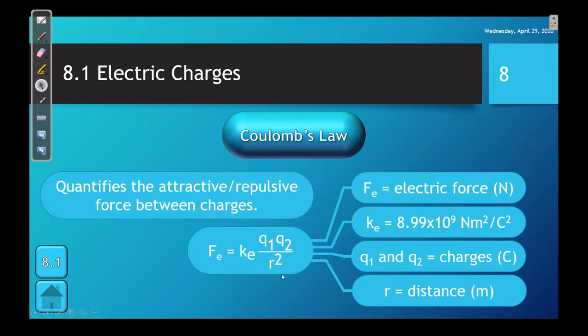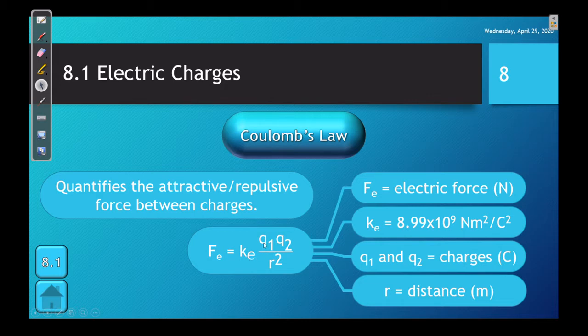Coulomb's law is an equation that quantifies the attractive and repulsive forces between charges. If this law looks pretty familiar, it's because it's very similar to Newton's law of universal gravitation, which we talked about way back in Unit 4. Okay, but so instead of calculating gravitational force, we're calculating electrical force, and instead of using the gravitational constant, big G, we're using an electric constant, which is little k sub e.